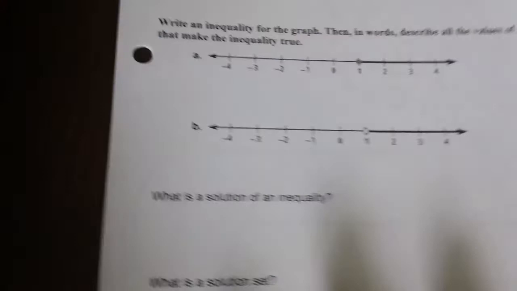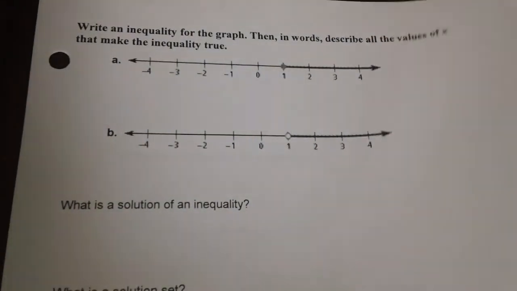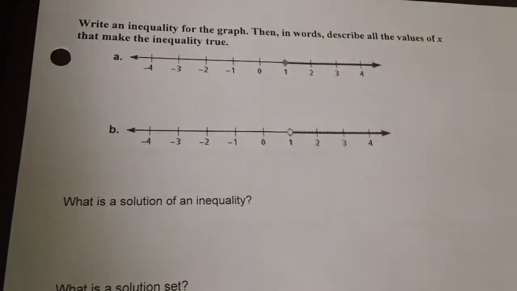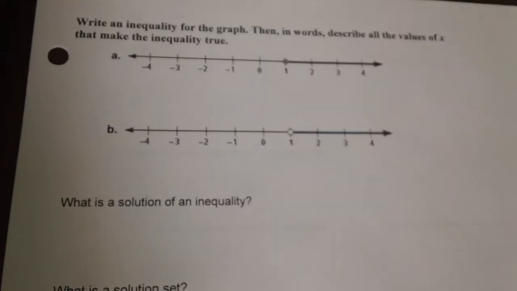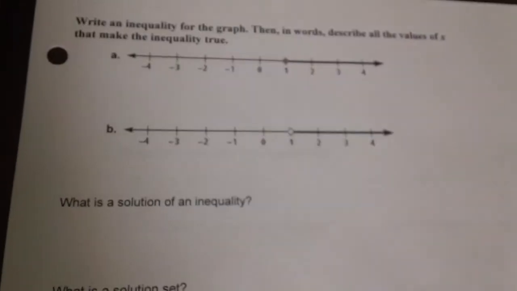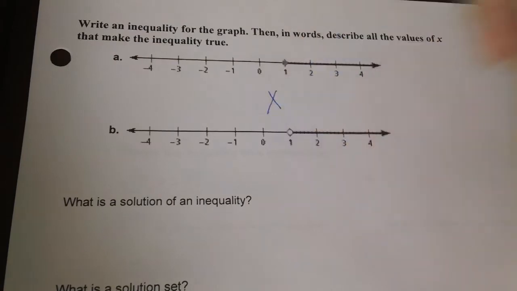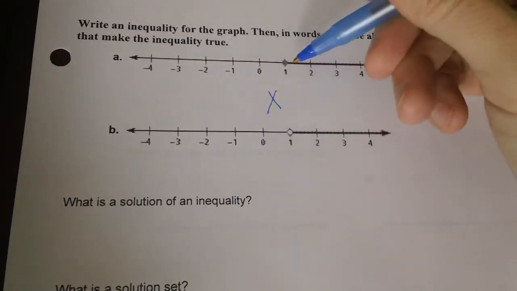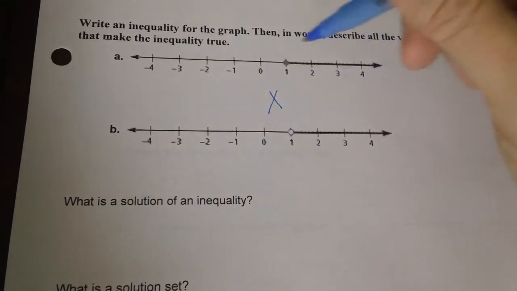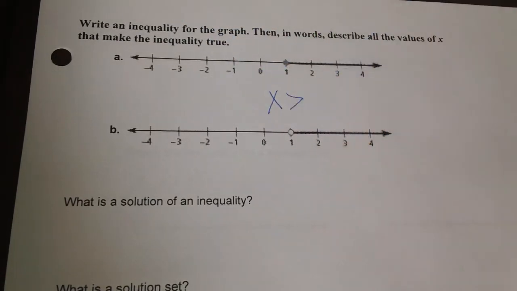Okay, turn your paper over. Write an inequality for the graph, then in words, describe all of the values of x that make the inequality true. So now we're going to take a graph and be able to tell what the inequality is. So on graph A, we can just call each of these x. And is x greater than 1 or less than 1? Well, 4 is greater than 1, so it'd be greater than.